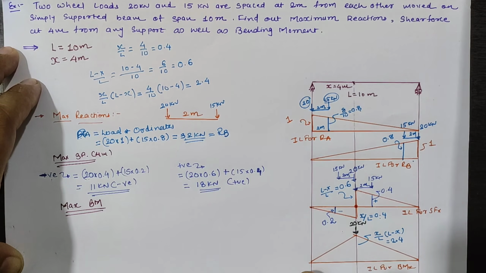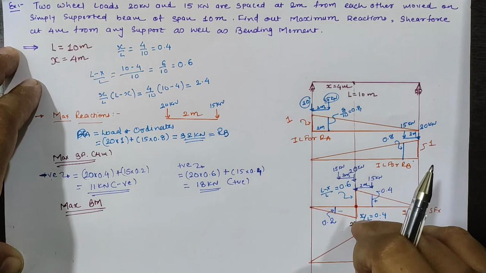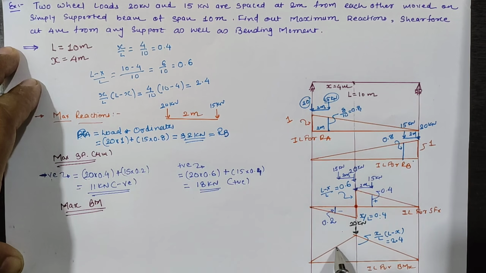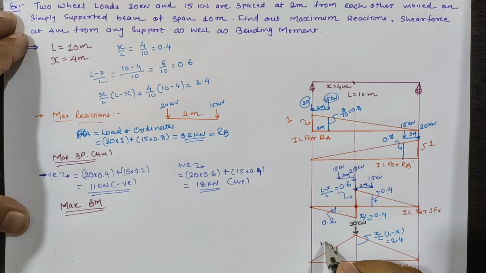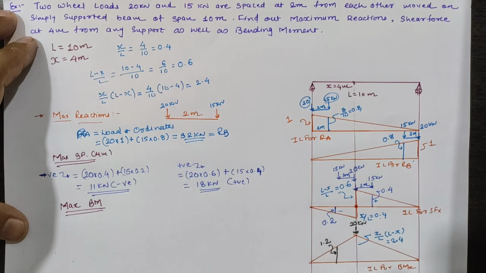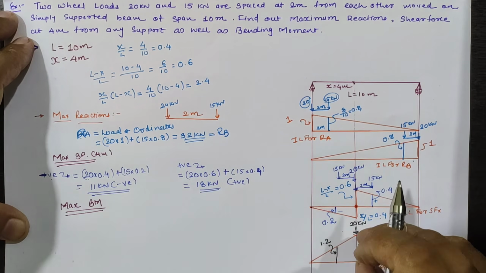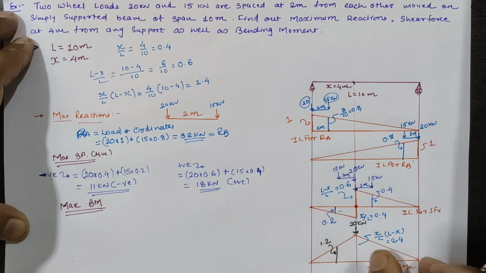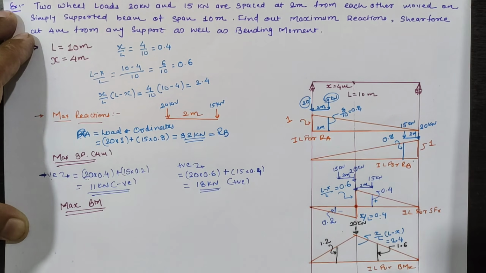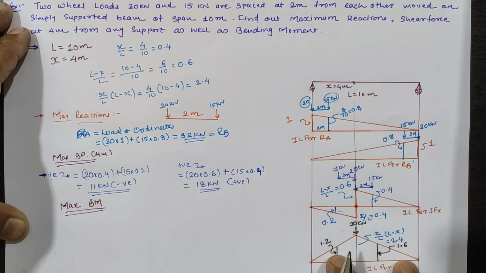At 4 meter the value is 2.4, hence at 2 meter the ordinate value is 1.2. Similarly, from the right hand part at a distance of 6 meter the ordinate value is 2.4, hence at 4 meter our ordinate value is 1.6.